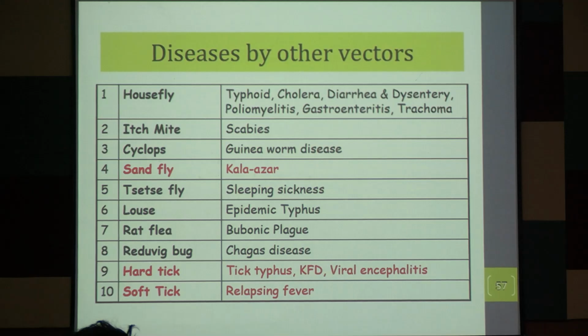What is the scientific name? Now for Sandfly, Phlebotomus argentipes. Argentum is for, yes, what is the chemical name of silver?